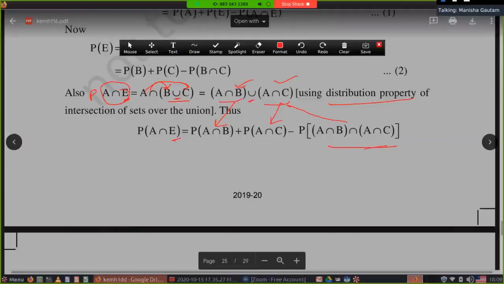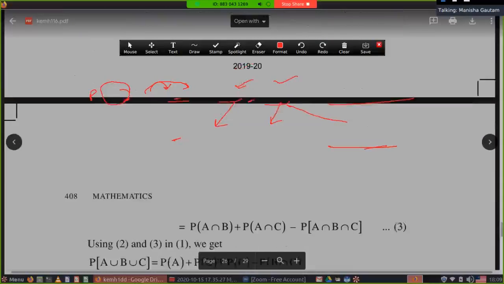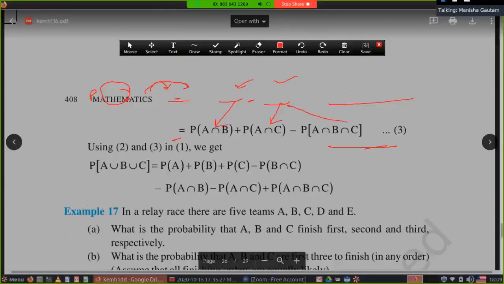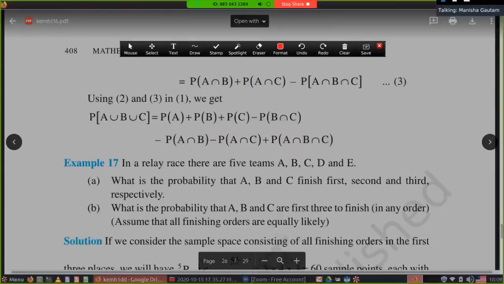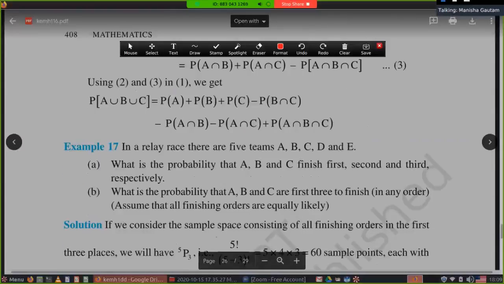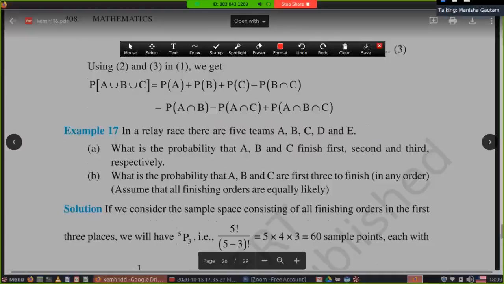Now put the values of probability of A intersection E and probability of E, using the second and third equations, which we have calculated above. When you put the values here, you will get the formula.